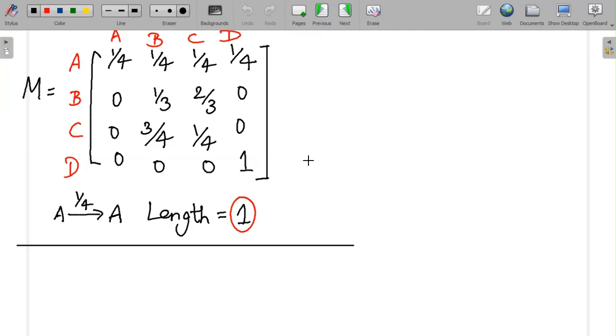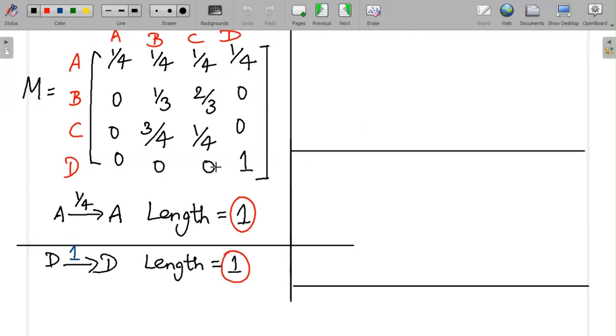So the only cycle that you can think of is A to itself, which has a length of 1. Similarly, from D, I can reach only itself because D doesn't reach any other state. So D has a cycle whose length is only 1.